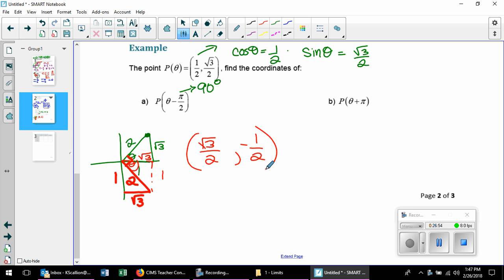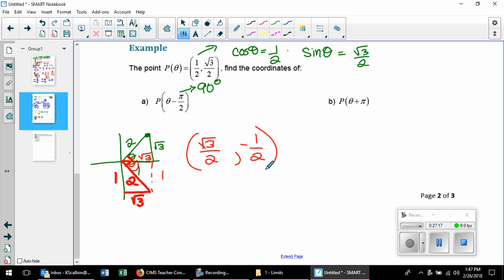All right. So now, same point. So back to the green. We're adding pi. So which direction are we going, counterclockwise or clockwise? Counterclockwise. We're going this way now. So we rotate once. What happens to the coordinates?